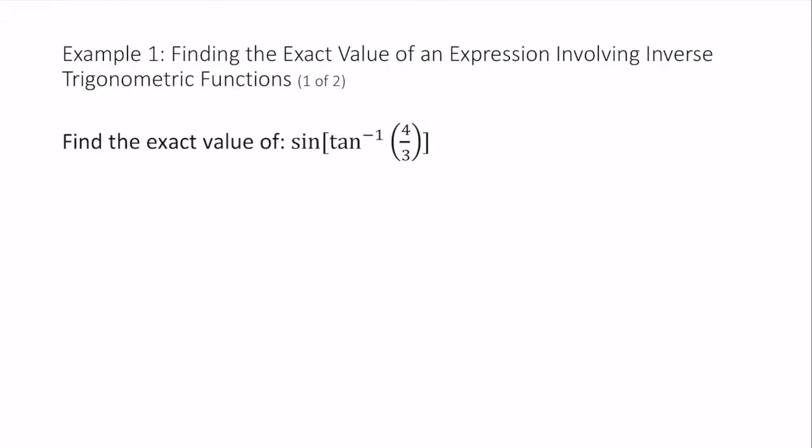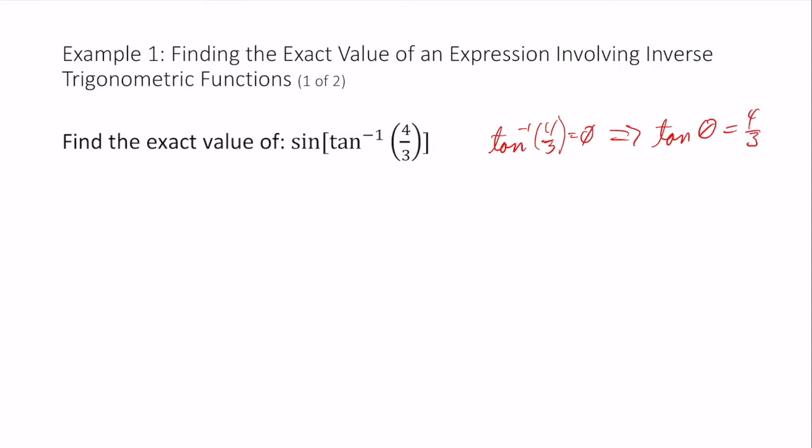So first, I want us to find the exact value of sine of arctangent of 4/3. Now remember with tangent, if tan inverse of 4/3 is theta, this also means that tan of theta is 4/3.